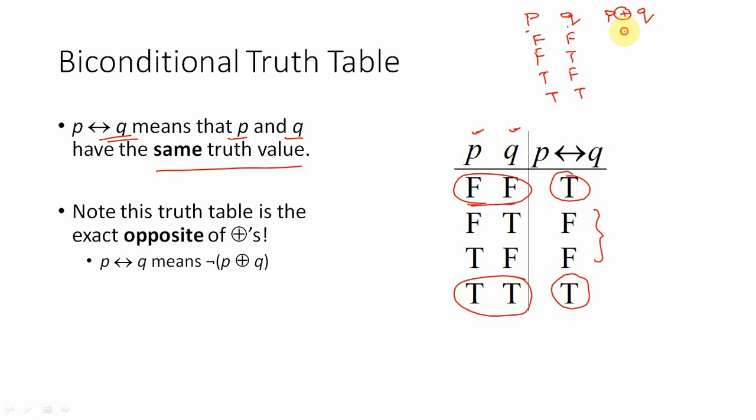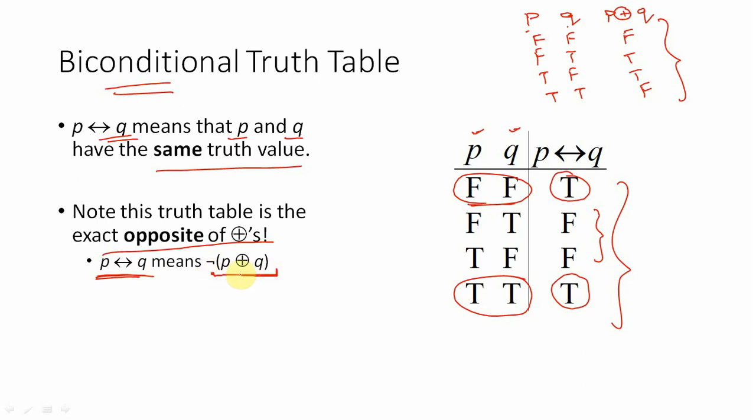So this was false, true, true, false. Now if you compare this with this, you can see that the truth table for the biconditional is the exact opposite of XOR. So I can say that P biconditional Q is the negation of P XOR Q. This is another way of writing the biconditional.